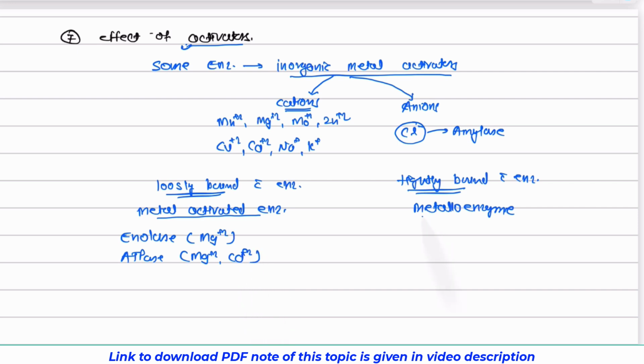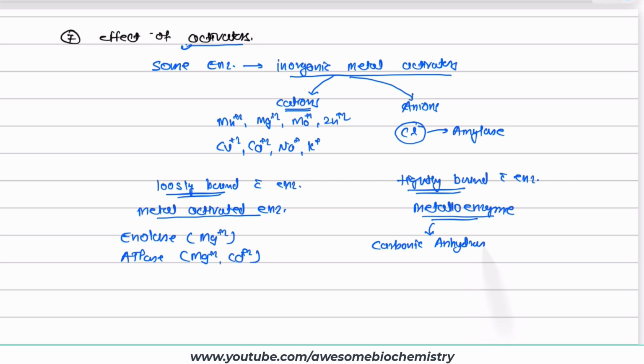Whereas as examples of metalloenzymes, we have carbonic anhydrase and alcohol dehydrogenase. Both these enzymes require zinc as their activator.